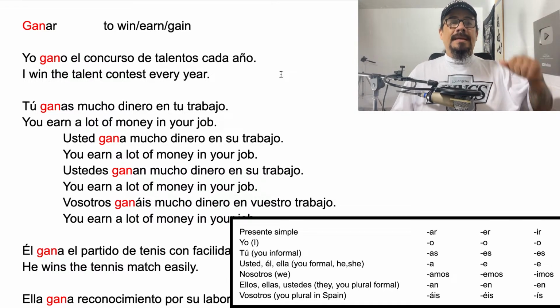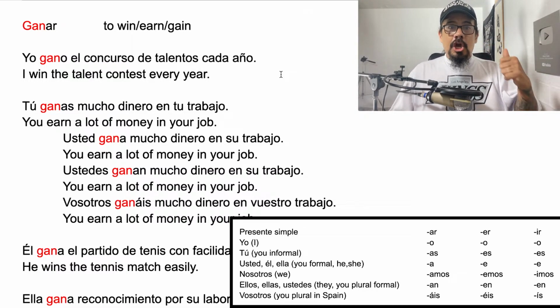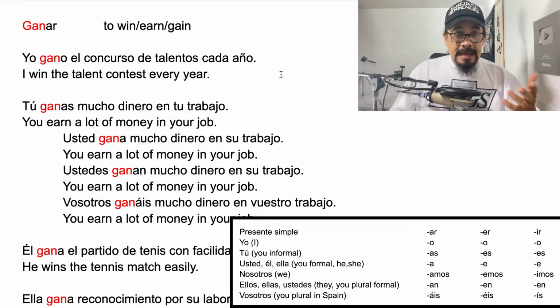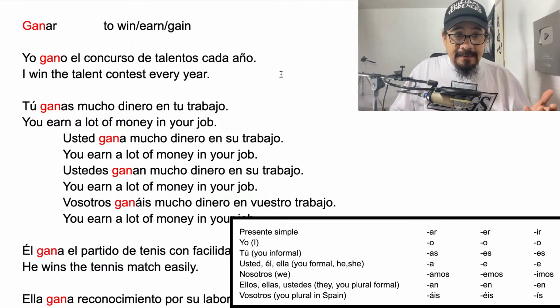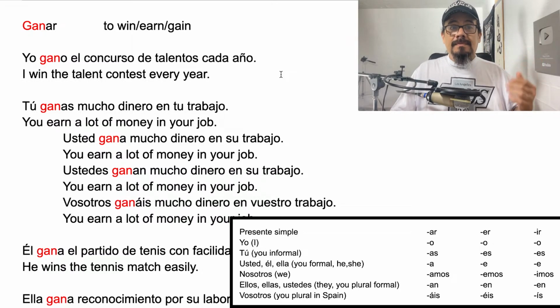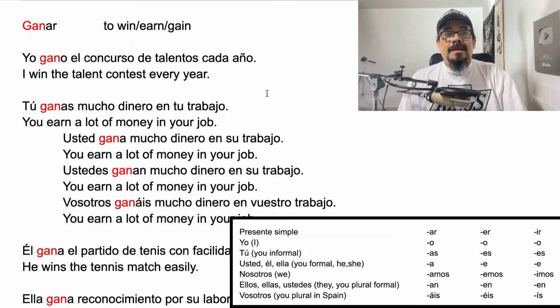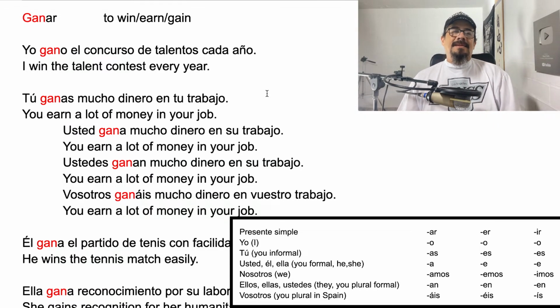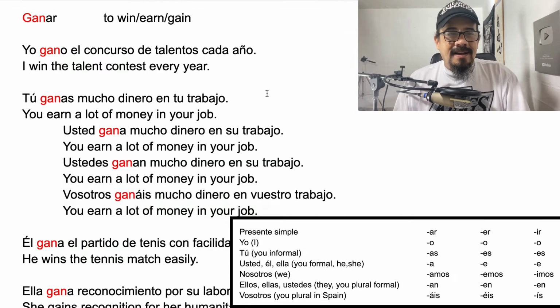Ganar. Ganar, we can say to win, earn, or gain. And we use it for all three, right? At school it's easy. Because I speak Spanish, it's easy, but don't worry.